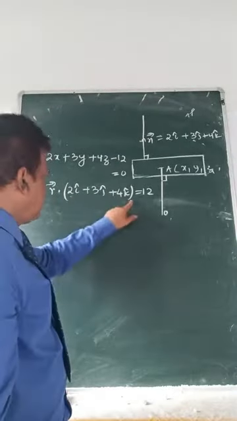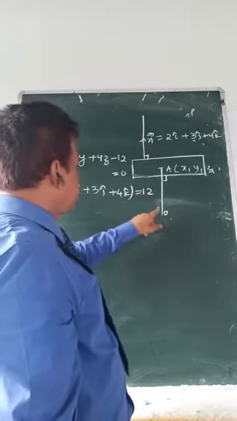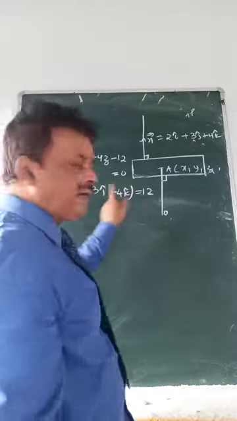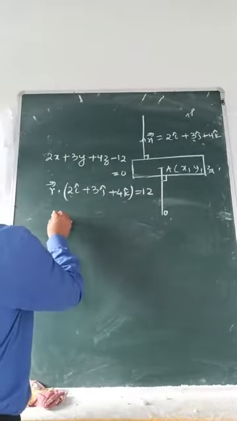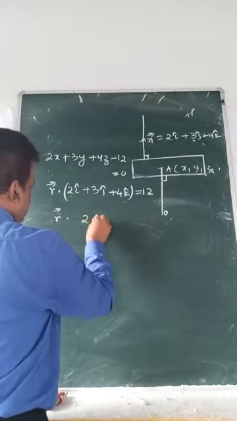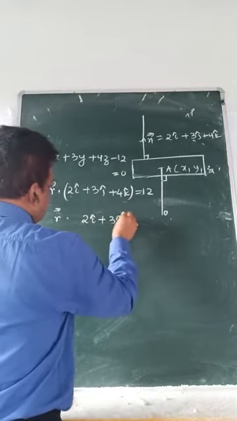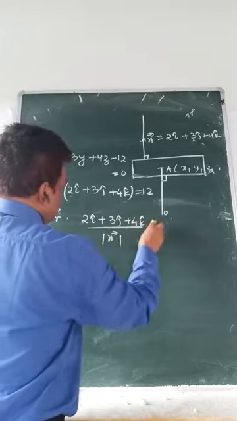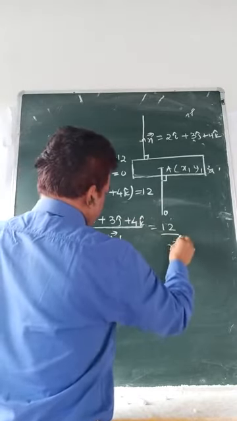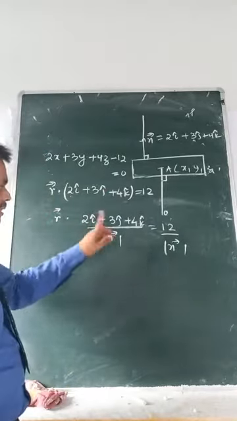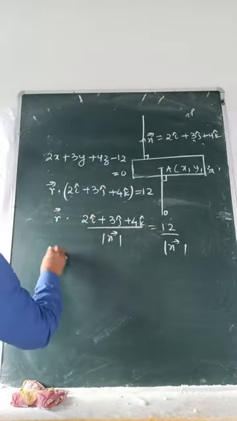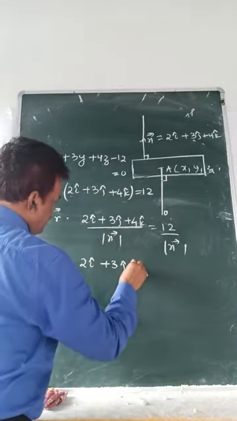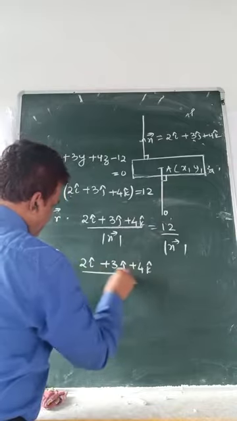Okay, now write it in the standard form. The distance from the origin will be how much? Now you have to write it in the unit normal form. You can write r dot (2i plus 3j plus 4k) divided by the modulus of n, equals 12 divided by the modulus of n. Then only it will become a unit vector. So that will be r dot (2i plus 3j plus 4k) divided by how much?